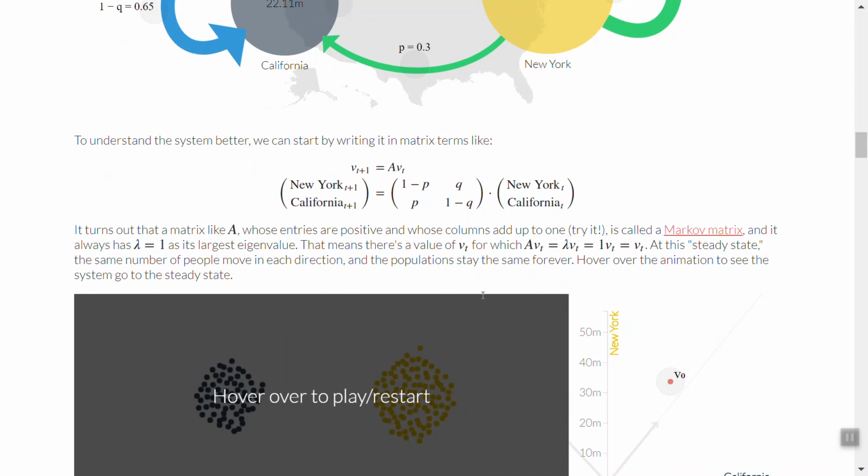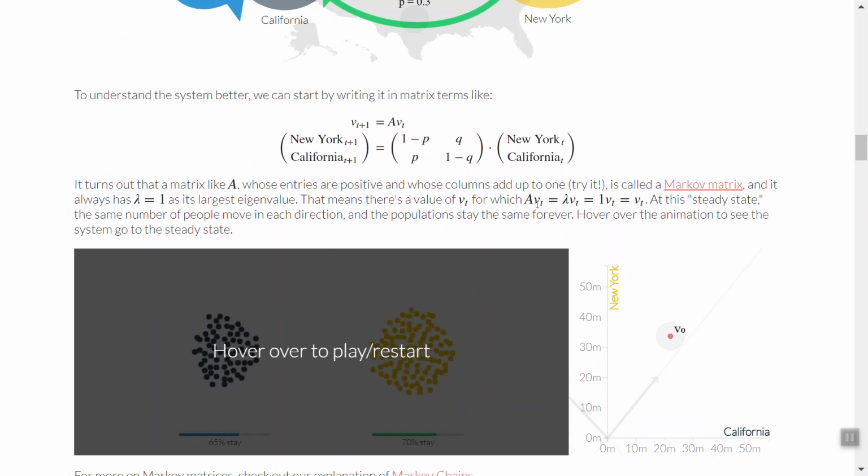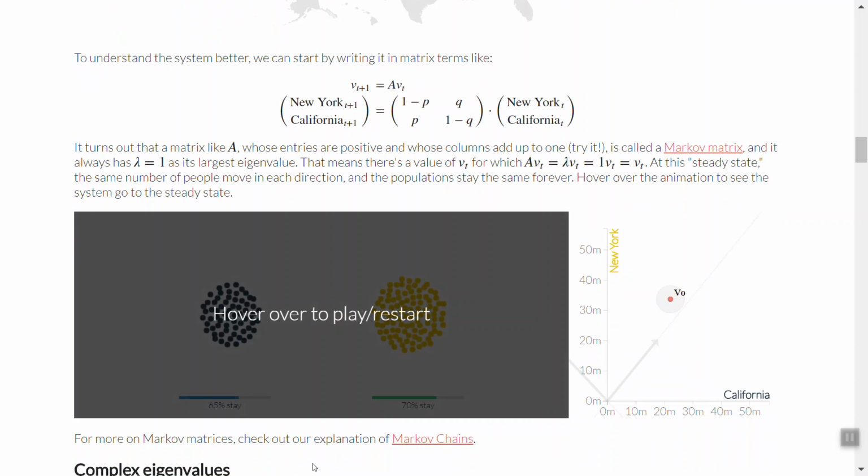That means there's a value V such that A times V, or in our case, V times A, is going to equal 1 times V, and this will be the steady state. So this will be the eigenvector of our transition probability matrix.